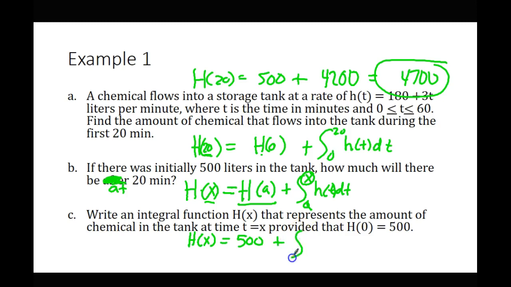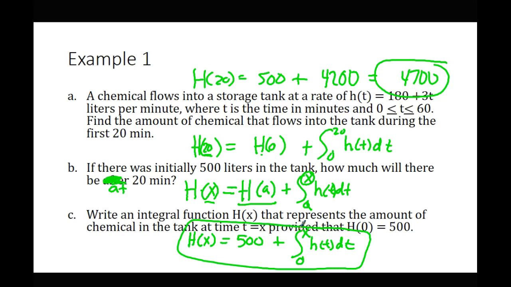And then plus what's my integral going to be from 0 to what? X, right? Because it's a function for any time now. And then it's going to be h of t dt. So now we have an integral function that represents how much chemical will be in the tank after any given time period.